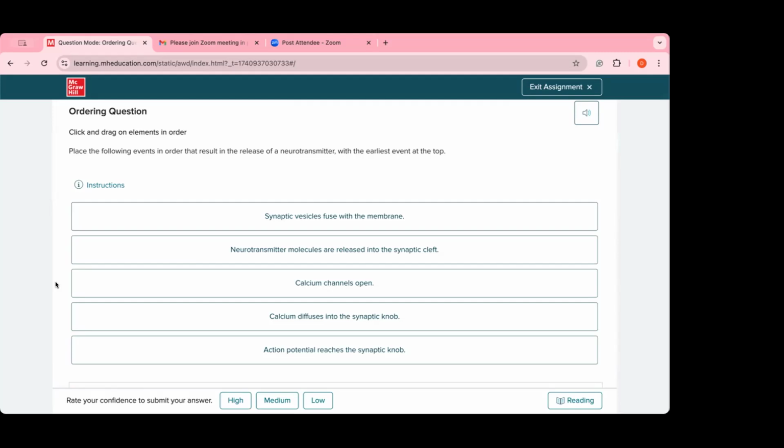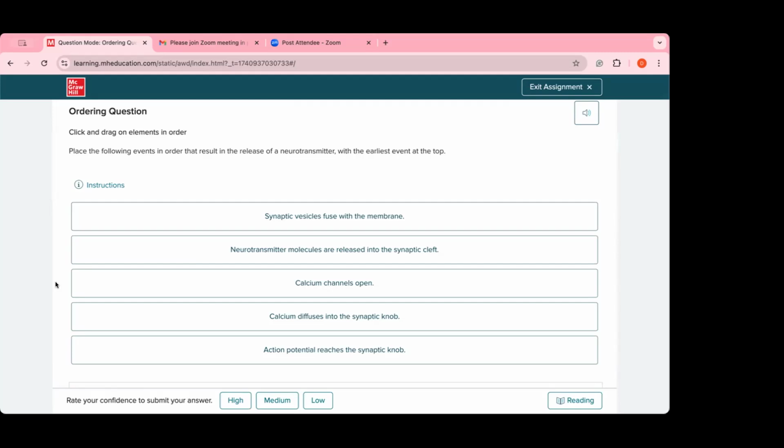Voltage gated calcium channels open. Calcium enters the cell. ACh is released and diffuses across the cleft. Sodium channels open and sodium enters the cell, and a postsynaptic potential is produced.